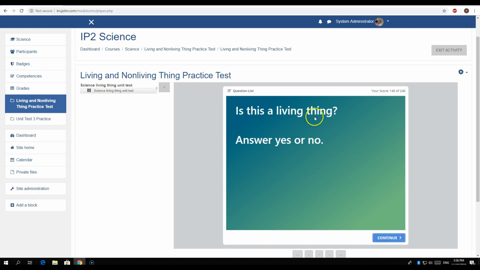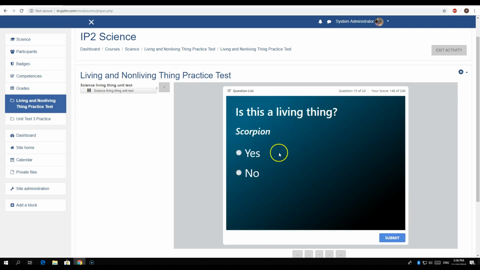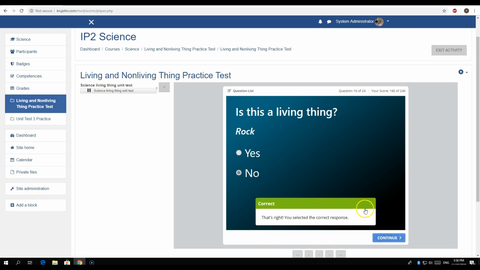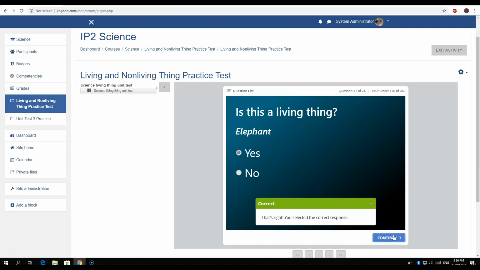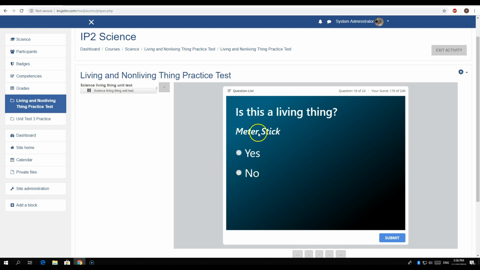Is this a living thing? Answer yes or no. Scorpion, yes, that's an animal. A rock? No. That's not alive. An elephant? Yes. A meter stick?